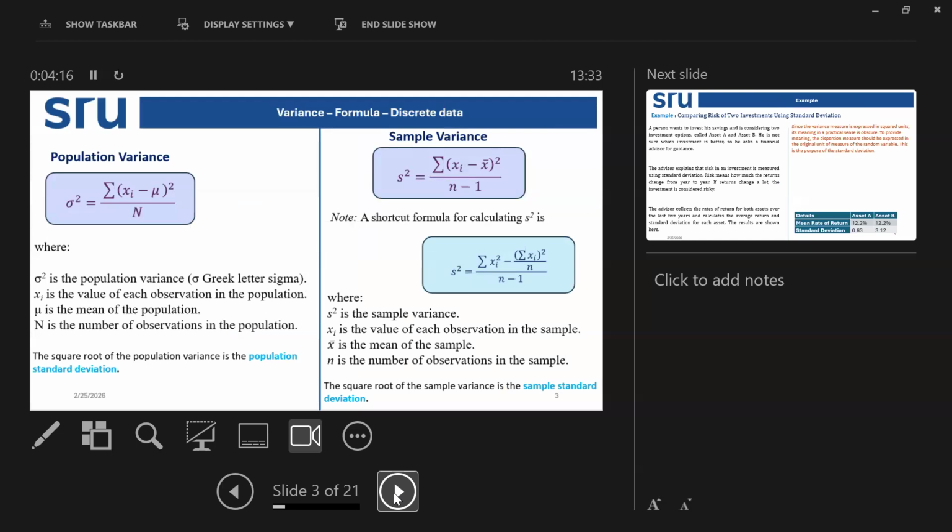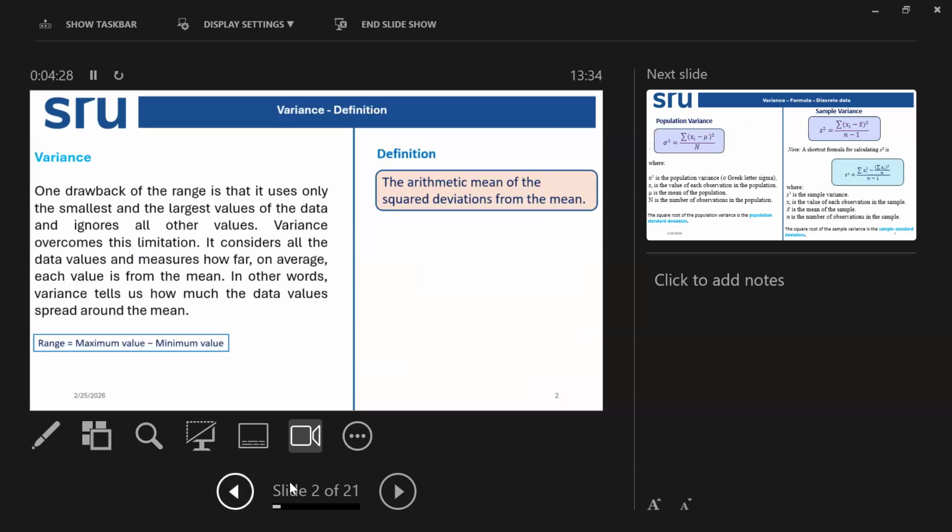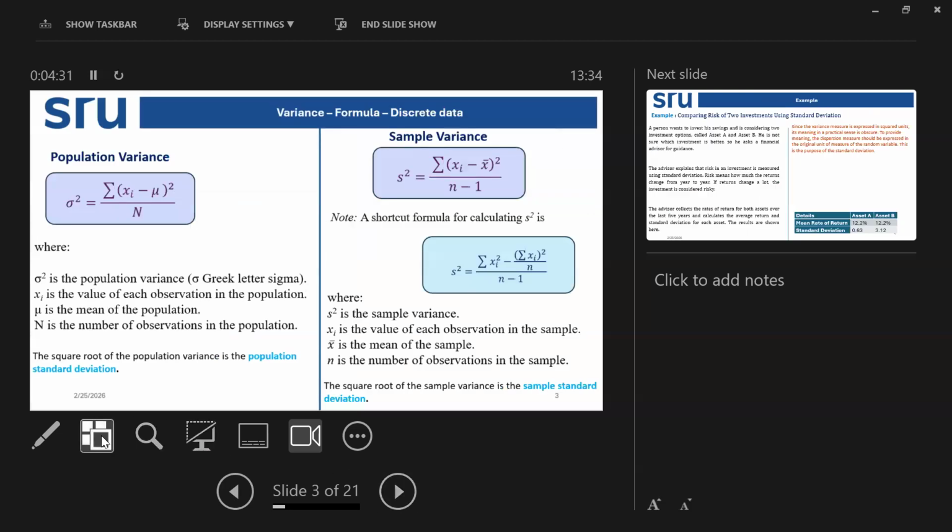You can observe here the formula is xi minus x bar.